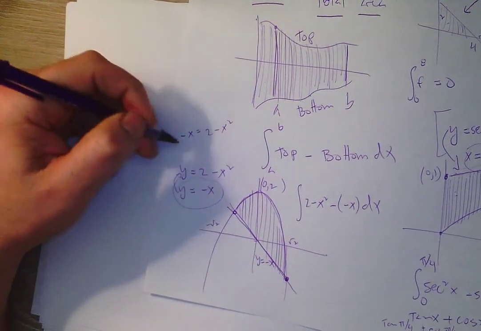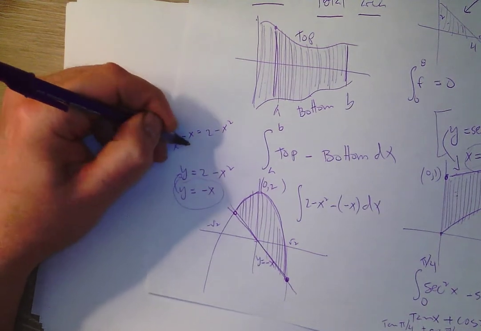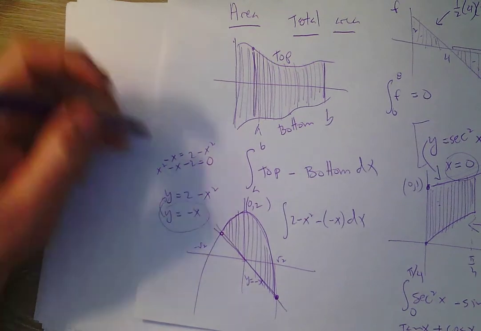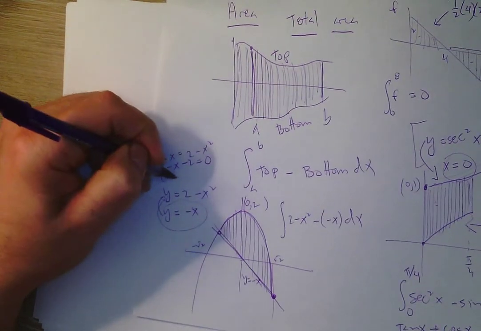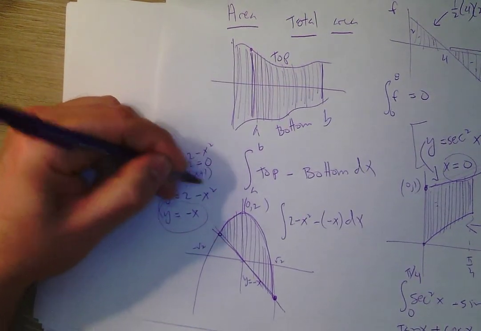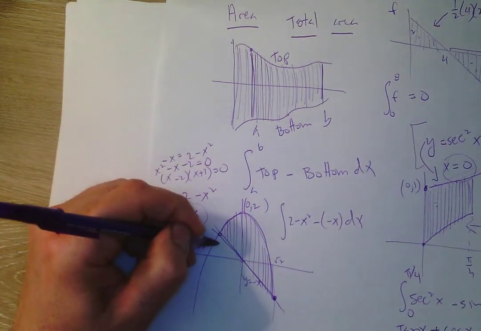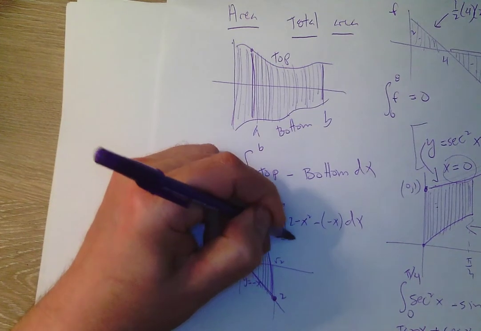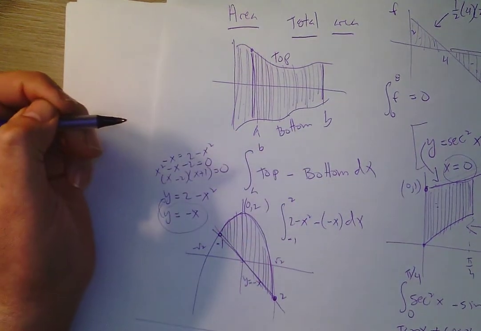If I move everything onto one side of the equation, I get x squared minus x minus 2 equals 0, which means x minus 2 and x plus 1 equals 0. So this is negative 1 and this is positive 2, so my integral goes from negative 1 to positive 2.